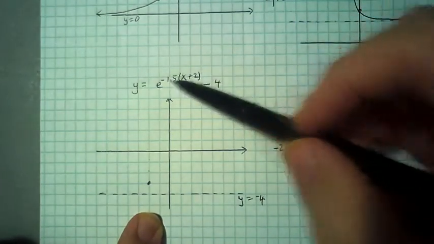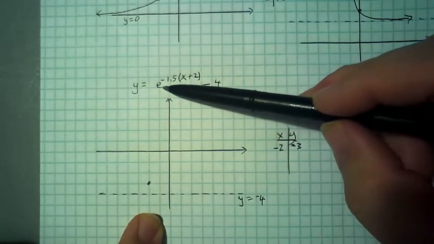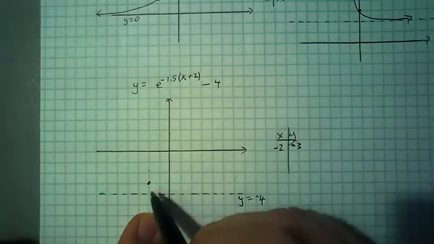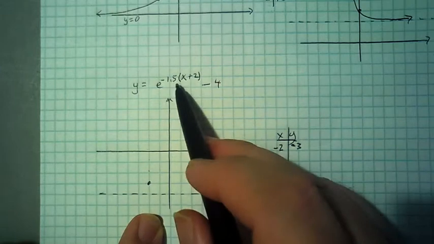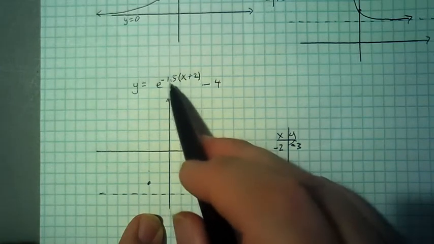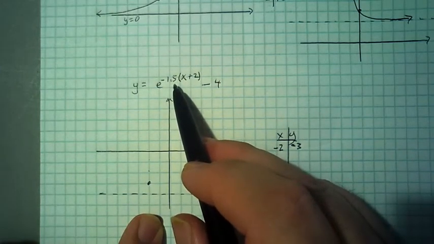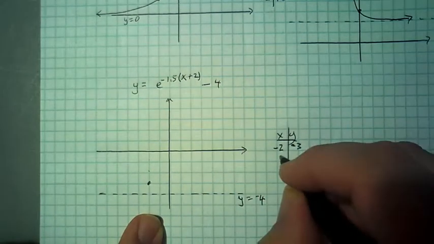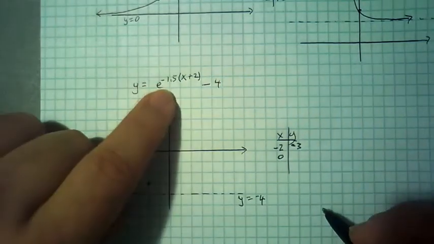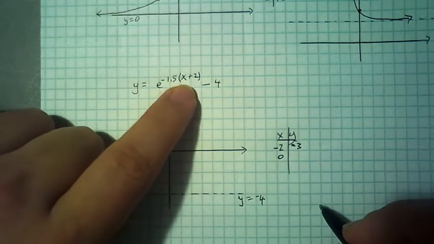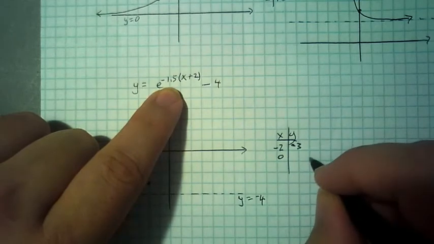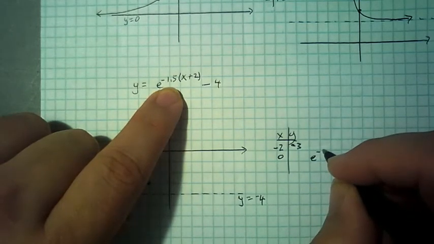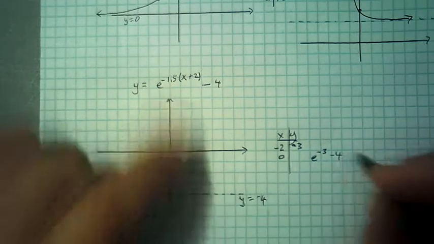Looking for a minute just because I'm curious, I have e as my base, which suggests growth, but a negative in my exponent. This one's also going to be decay. I want to stick in something that's going to be nice. I'd like to make this 1. 2/3. No, I'm going to use my calculator. So I'm going to stick in 0 and hope that it's not too big. When I stick in 0, I'll get 2 times negative 1.5, which would give me e to the negative 3, minus 4.